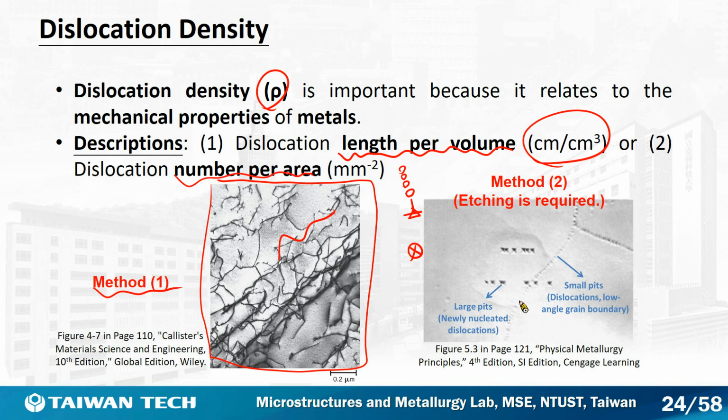Here, right? So here we choose the right positions, then we can observe the dislocations as a dot. But we must first etch the specimens. Etching is required, so we can see here we have a lot of dots, we call them pits here. So these are dislocations. So we can calculate the number per area here, okay, this area.